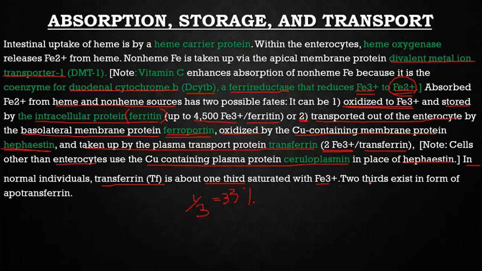The other 2/3 exist in the form of apotransferrin. Apotransferrin refers to transferrin to which iron isn't bound. So 67% is in the form of apotransferrin.